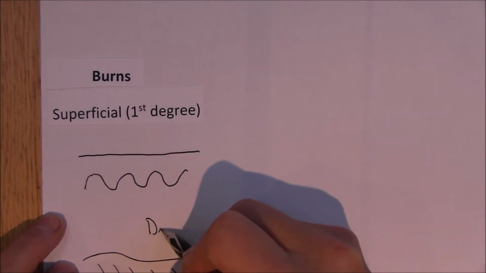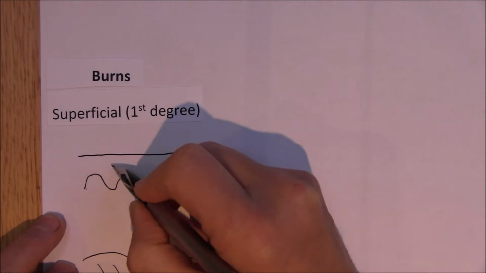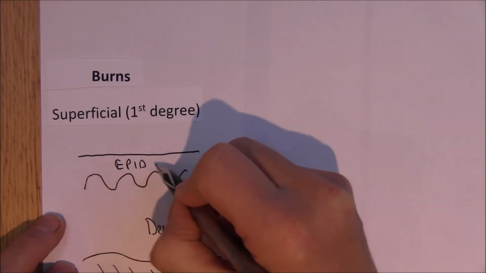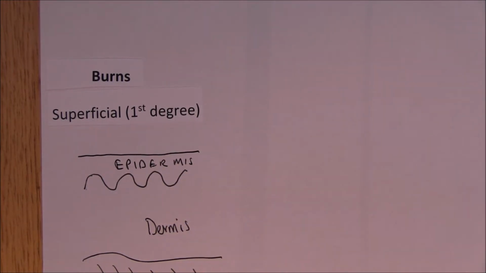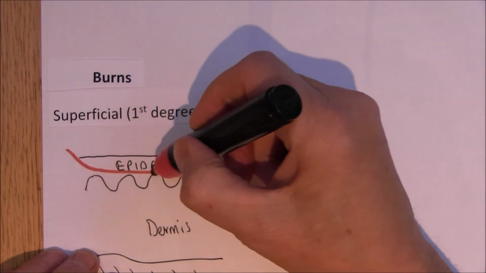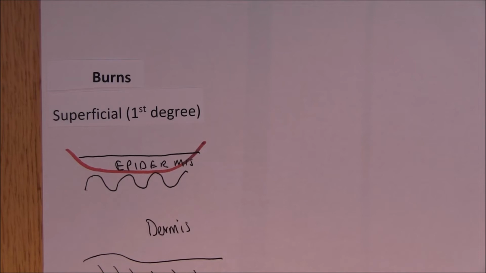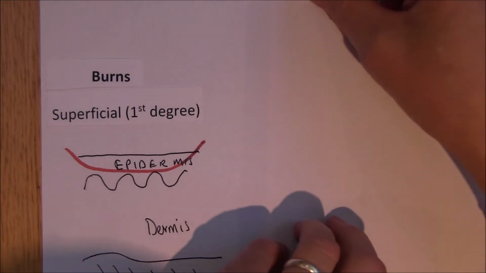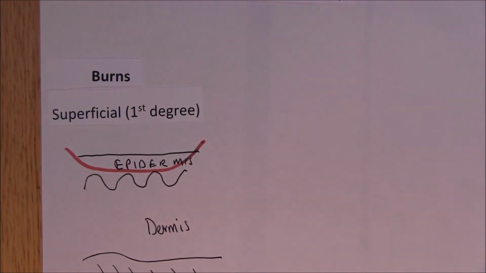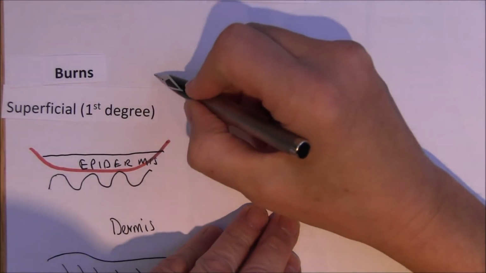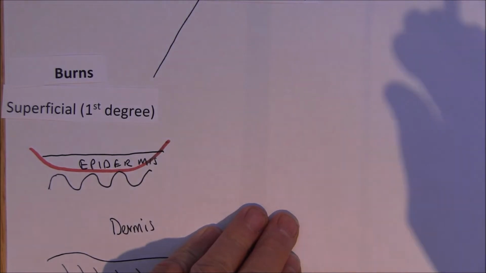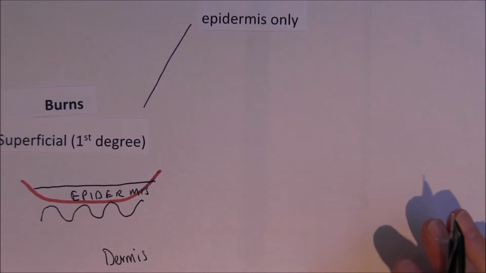So this is dermis, this is epidermis. Superficial burns are affecting the epidermis only. So that area there could well be burnt in a superficial burn. So superficial, we're talking about the epidermis only, affecting the epidermis. The top layer of the skin.